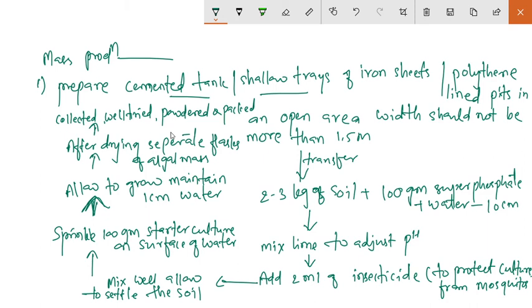For 1 hectare of flooded rice or paddy field, we can use 10 kg of this blue green algae powder.